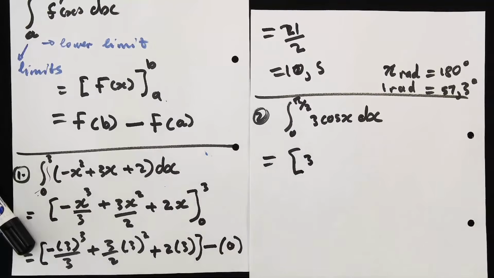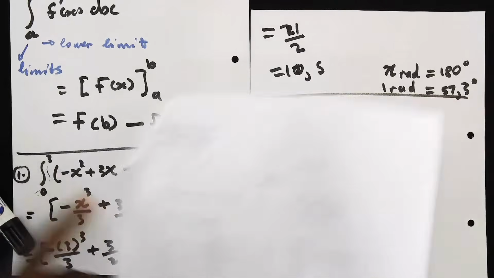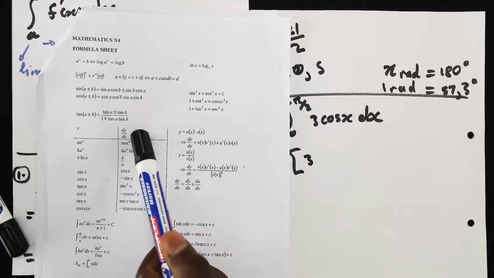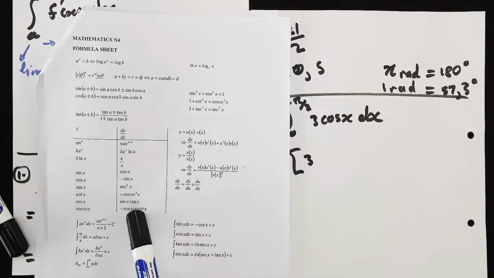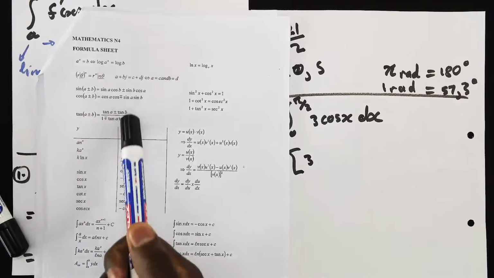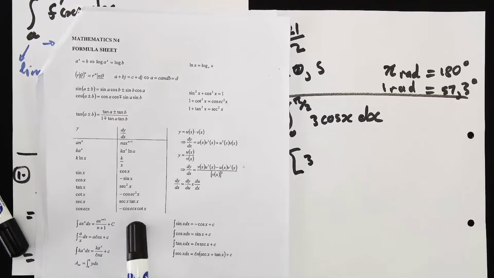Please make sure, if you're using the table from the formula sheet, that you move from right going to left, because this is the dy over dx. So when you say integrate, you are saying move from here and go to the right. If you want to find the y function, you check.